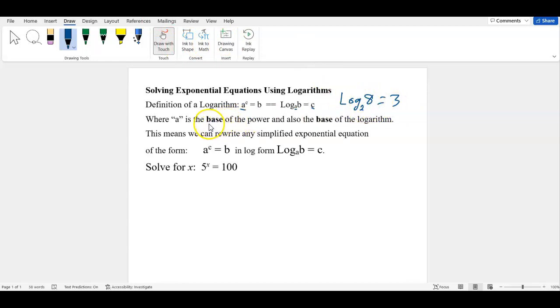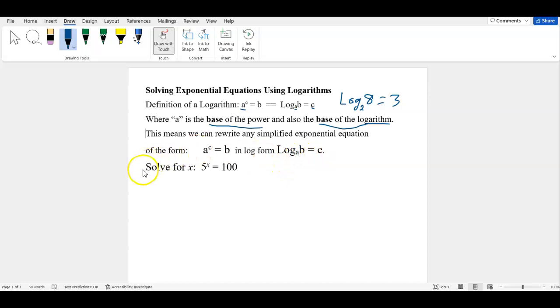So a is again the base of the power, and also it's the base of the logarithm. This is read log base 2 of 8 equals 3. This means that we can rewrite any simplified exponential equation of this form, a to the c power equals b, in log form, log base a of b equals c.